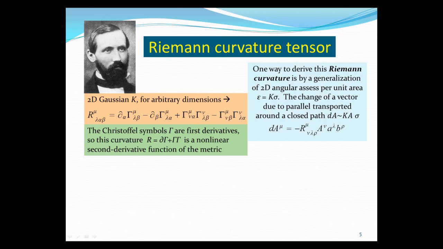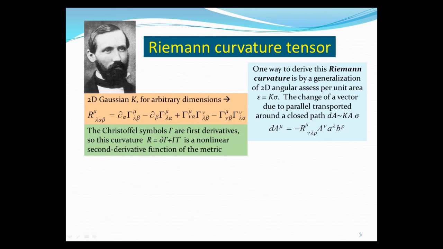In fact, we'll see one way to derive the Riemann curvature tensor is by generalizing this two-dimensional relation between angular excess and area, with the proportionality constant being the curvature. We'll find that the change of a vector can be measured by parallel transport around a closed path, in this case an infinitesimal parallelogram.